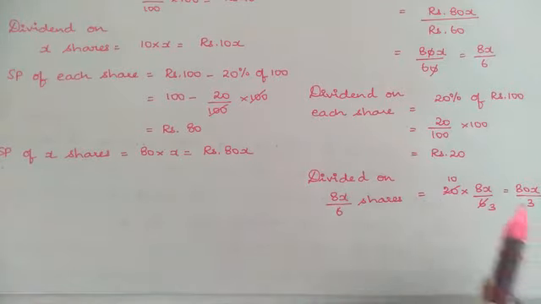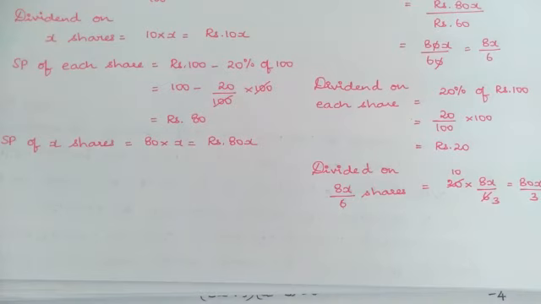So the difference in dividend is nothing but 18,000. Let's subtract both the dividends and equate it to 18,000 and find the value of x, that's nothing but the number of shares which he has sold.